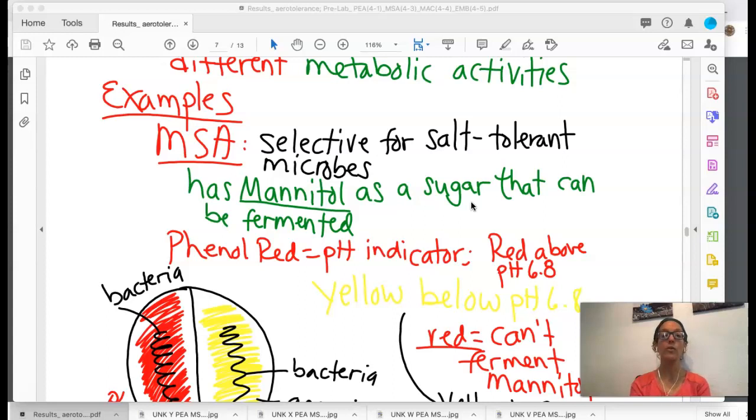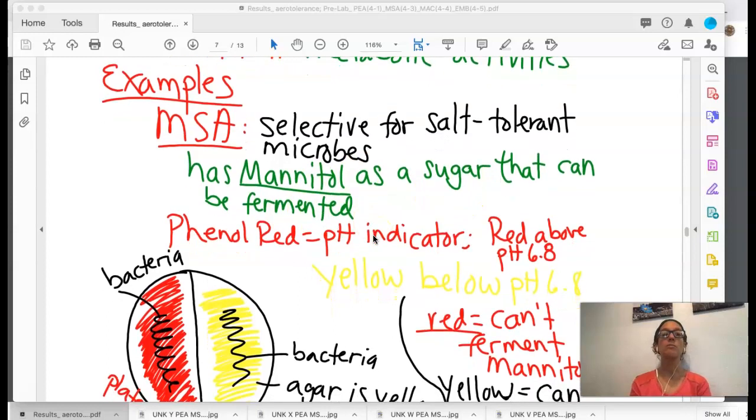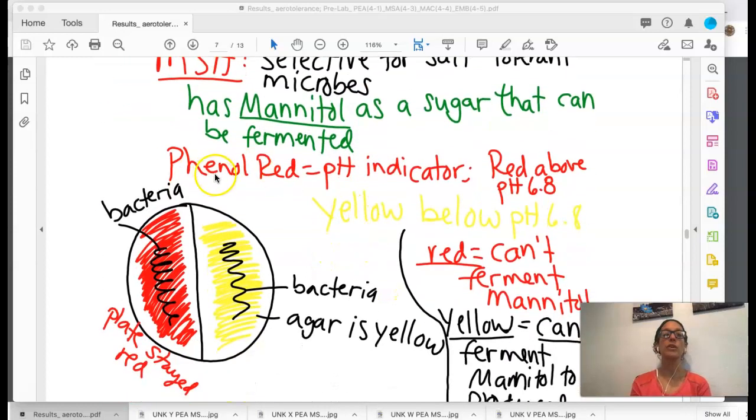A lack of growth tells us the bacteria is not salt tolerant, and that's all it tells us. It has to be alive and growing well to determine if it ferments mannitol. We can determine that fermentation because this agar contains phenol red, that is a pH indicator. It is red to pink if the pH rises above 6.8, and it is yellow if the pH drops below that.